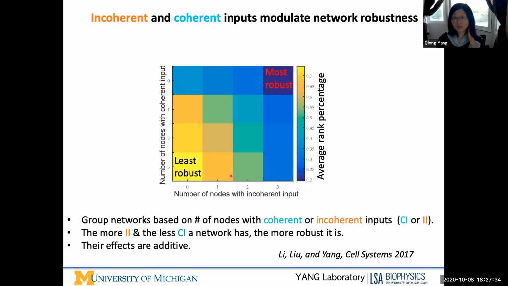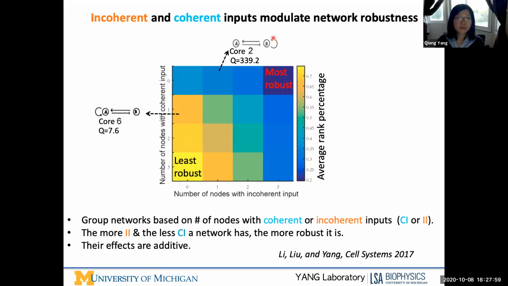So that is interesting because if you want to design a synthetic oscillator with robust behavior, you can certainly use this as an insight to design more incoherent input interactions. And what's also interesting is it seems to explain why core 2 and core 6 have such a different behavior in robustness.